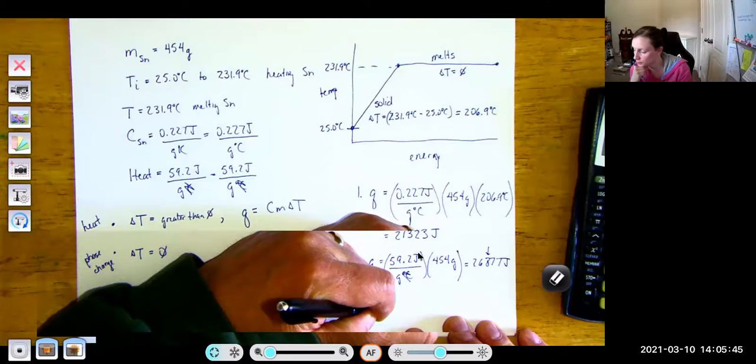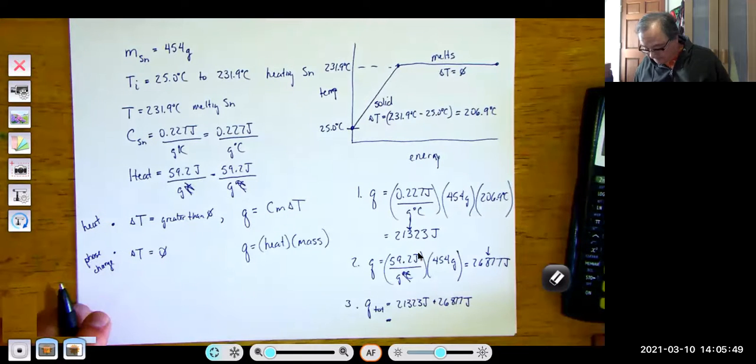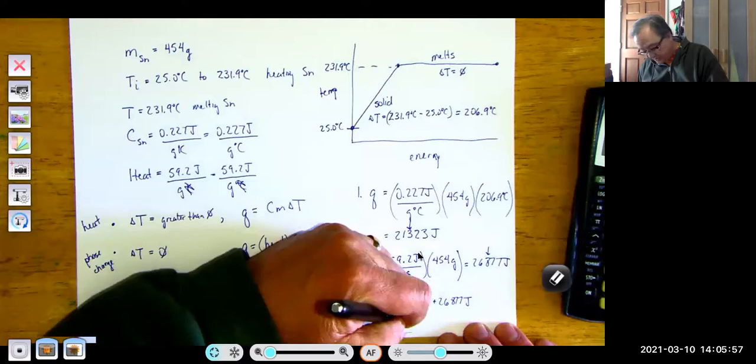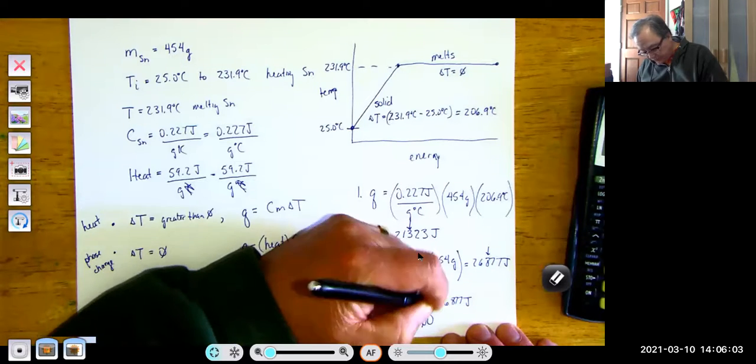Would we round after adding? That's right. And so I get 4, 8, 2, 0, 0 joules.